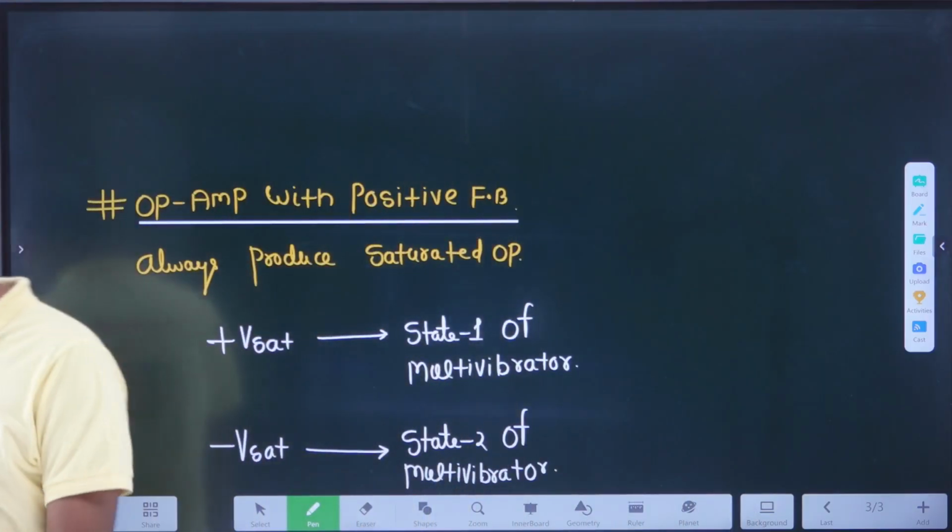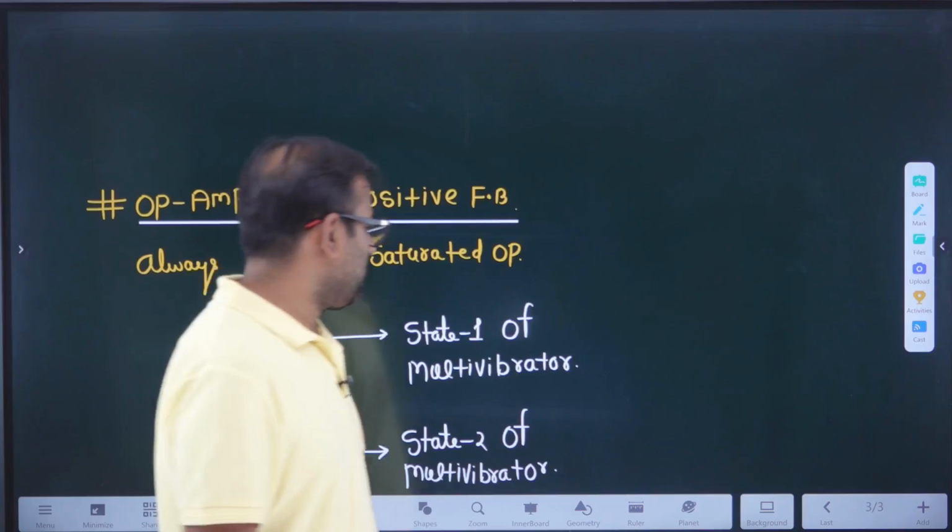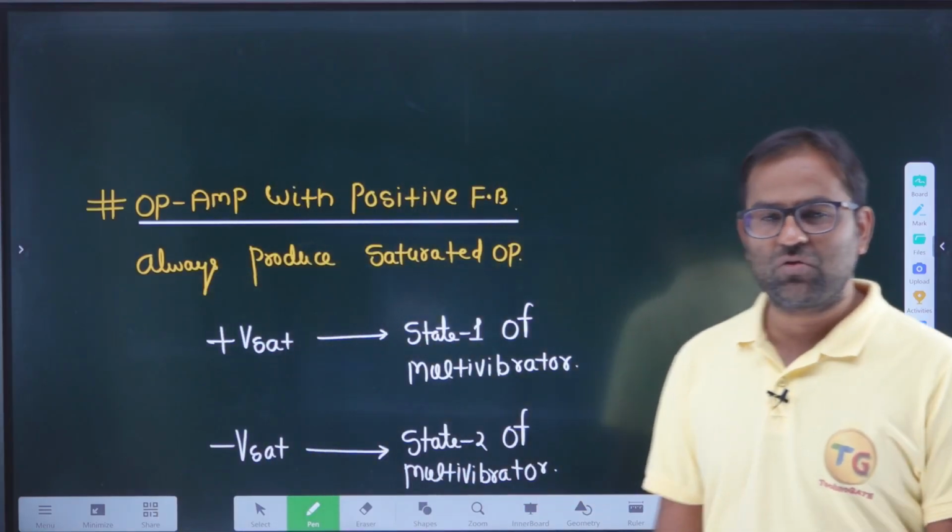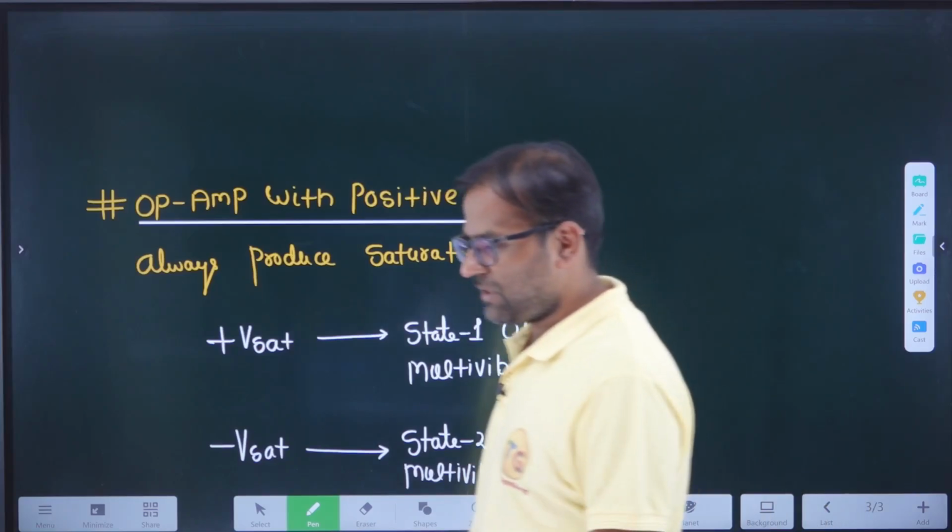So these are the two states of the multivibrator: state number 1 is plus V saturation and the other state is minus V saturation.